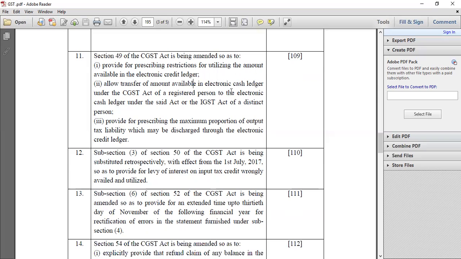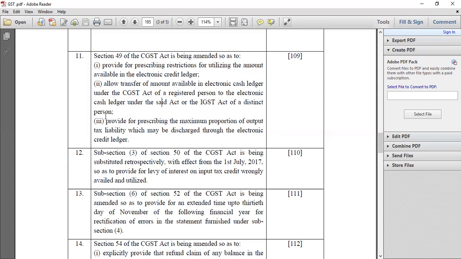If a person obtains multiple GST registration numbers, then he is allowed to transfer the amount available in the electronic cash ledger of one GST registration number to the electronic cash ledger of another GST registration number. This amendment will make the refund procedures easy. The refund procedures are made easy by introduction of this amendment.